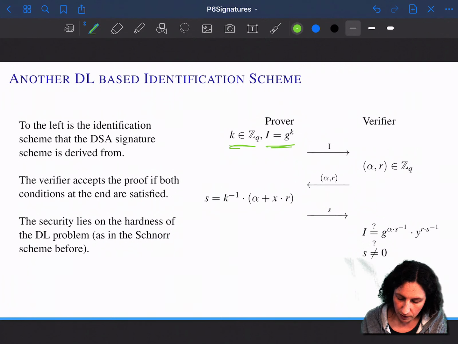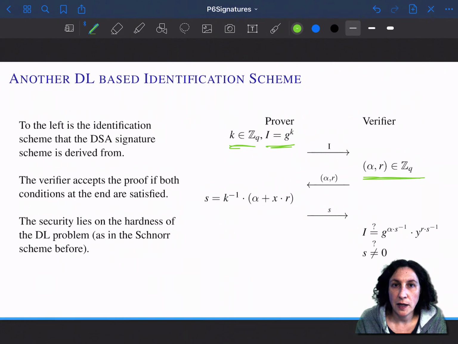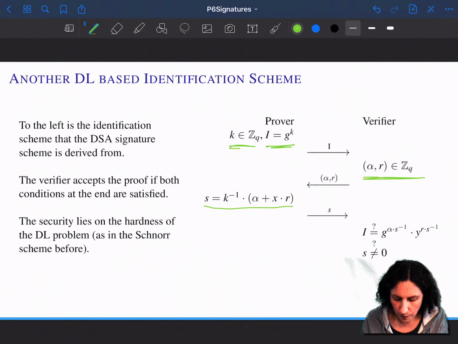The verifier, now in contrast to before, does not just choose a single random value r, they also choose a value alpha and send this over to the prover. The prover then computes a slightly more complex equation than before. So S now is equal to k inverse times (alpha plus x times r). And then the verification, first of all, checks whether S is equal to 0 or not.